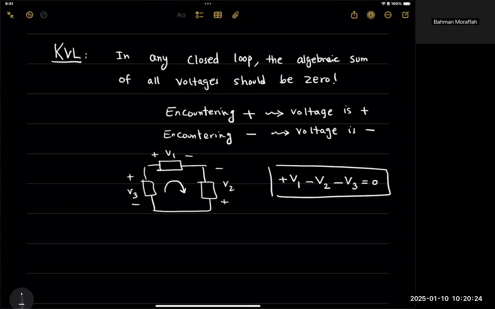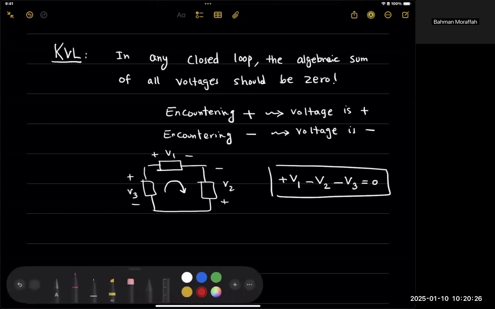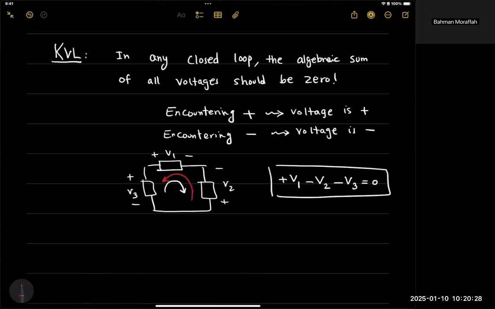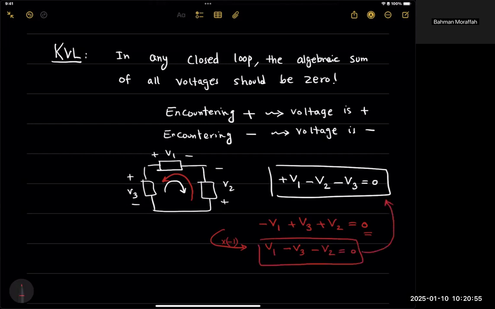I can go counterclockwise and still get the exact same equation. Let's work it out. Counterclockwise, I have negative V1 plus V3 plus V2 equals 0. If I multiply everything by negative 1, nothing changes because this side is 0. I get V1 minus V3 minus V2 equals 0, which is exactly the same as the first equation.